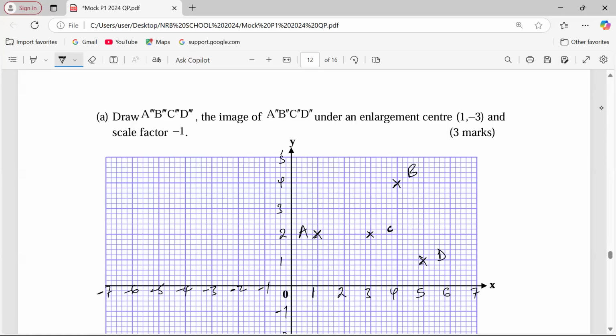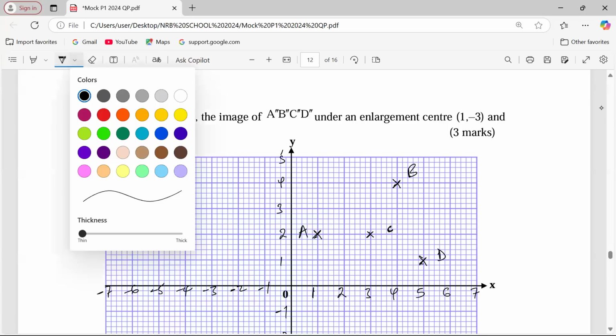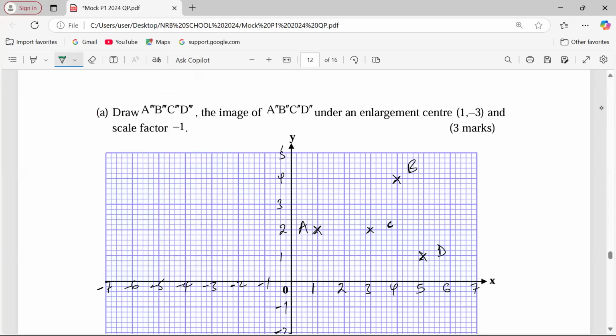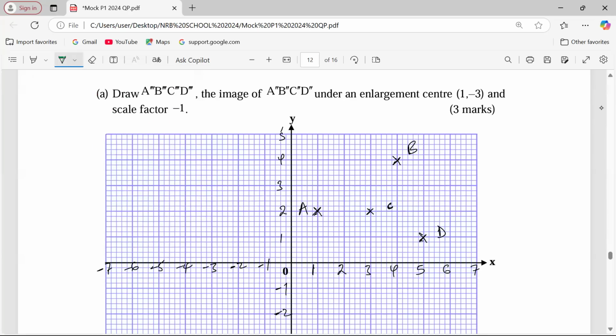So for us to get this particular quadrilateral, we're supposed to join all these coordinates. So we join the coordinates using straight lines, and we join them according to the name. According to the name. So we can't move from A to C, even if C is closer to A. Let students master this, please.